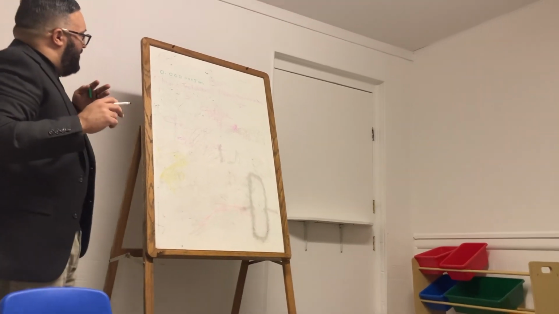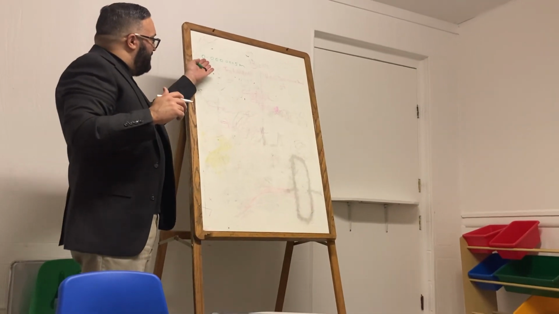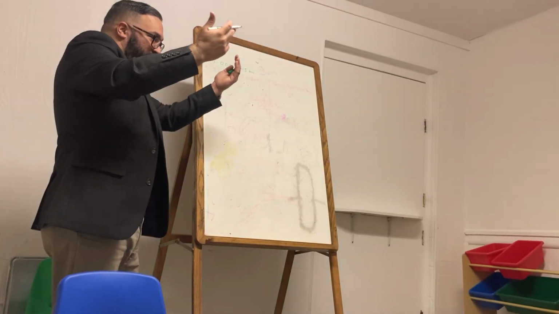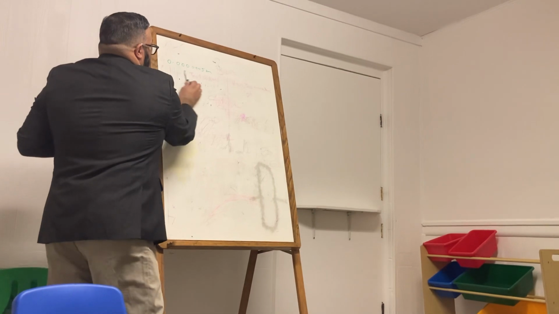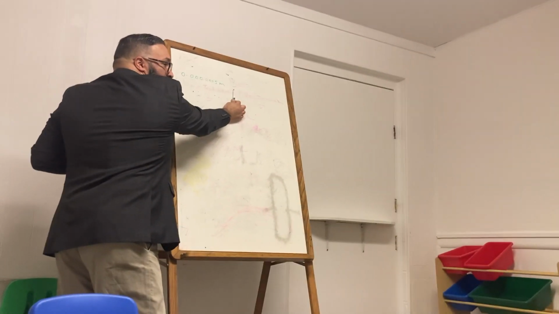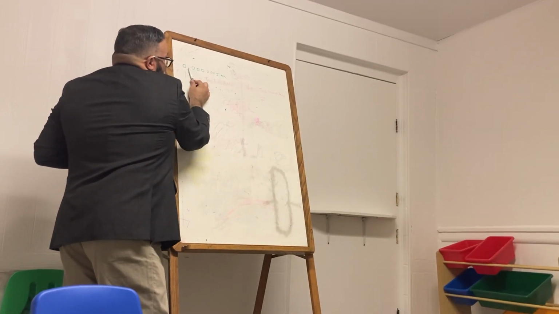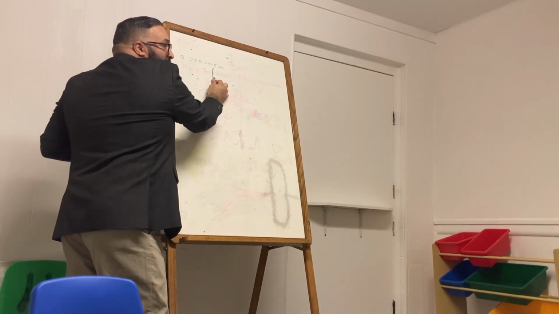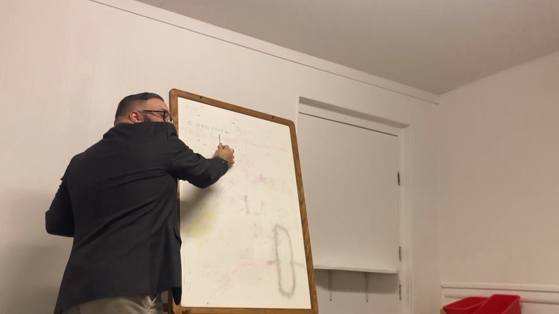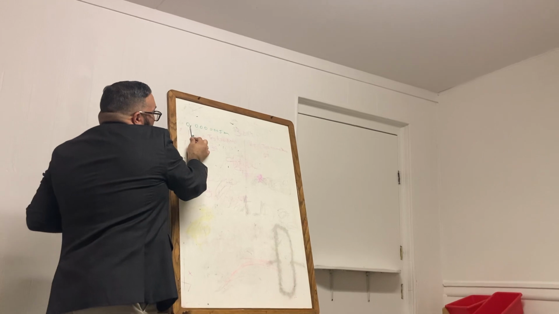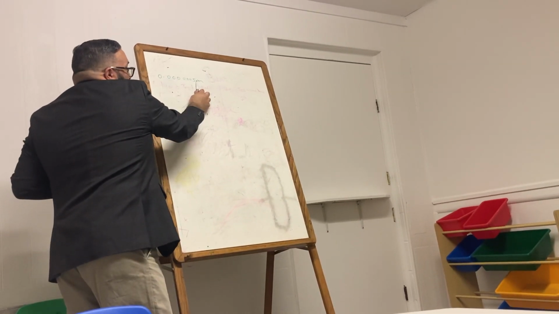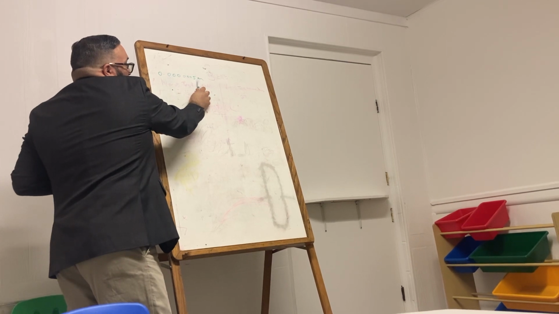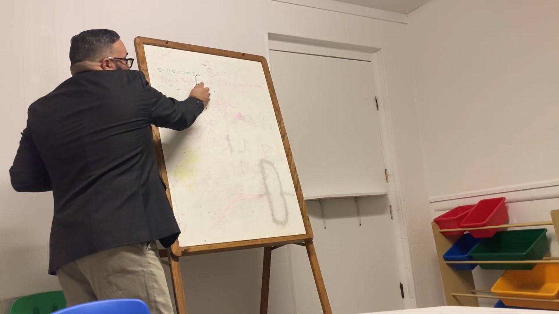But since this is a small number to the right of the decimal point, we're going to do the counting and move the decimal point to the right instead of the left. Because remember, the point is that we're going to have the decimal point after the first number.